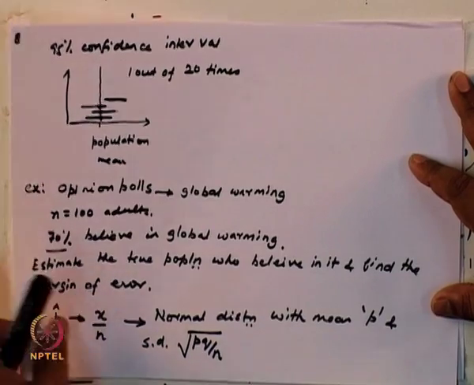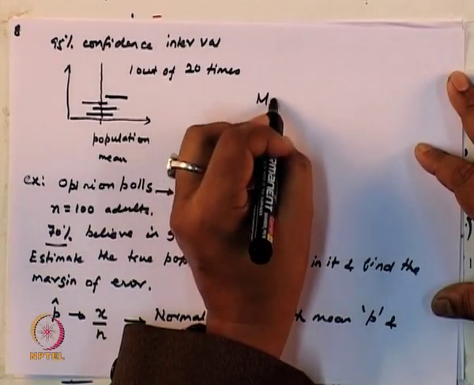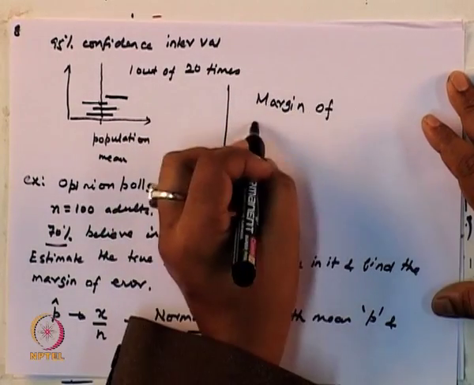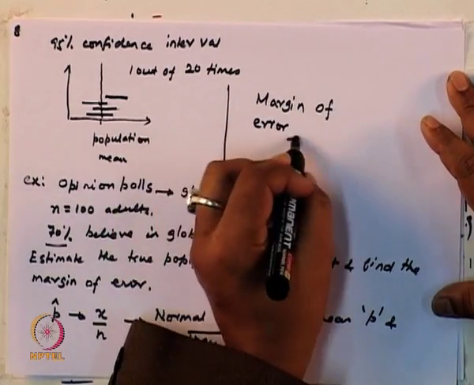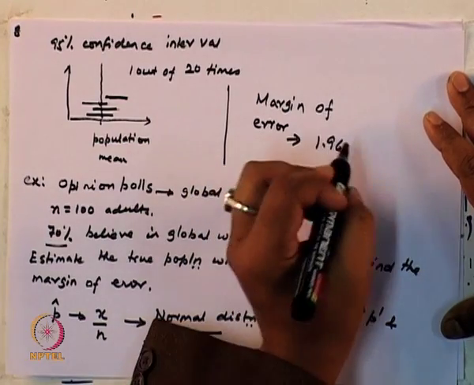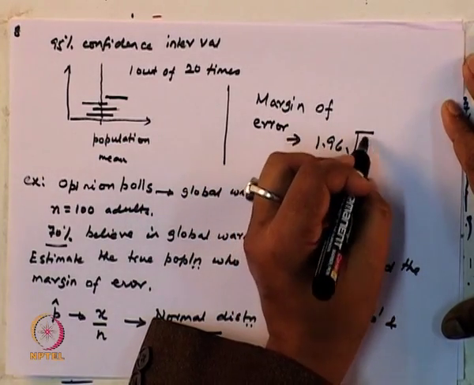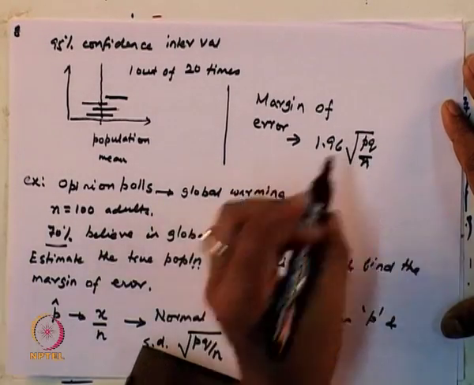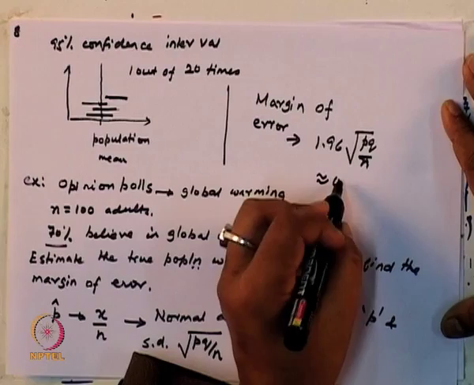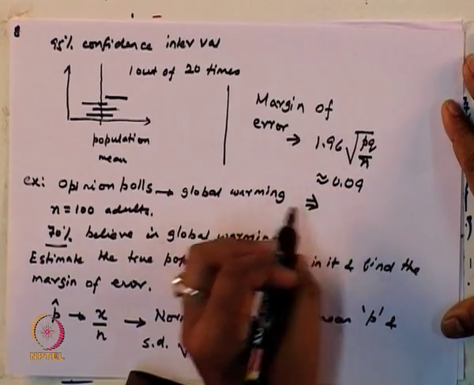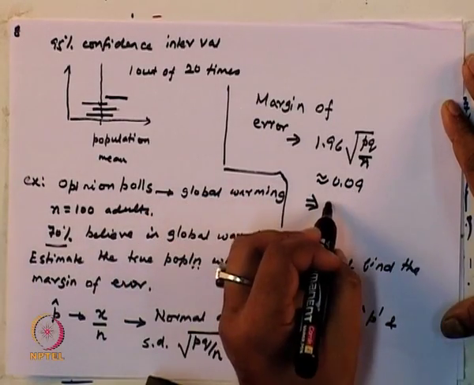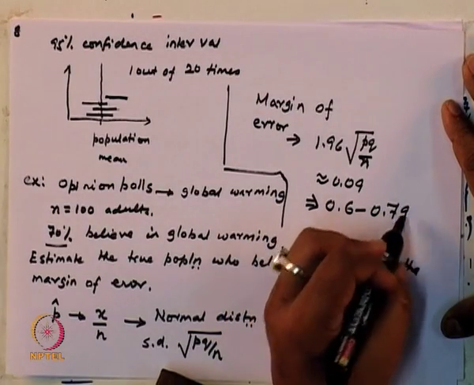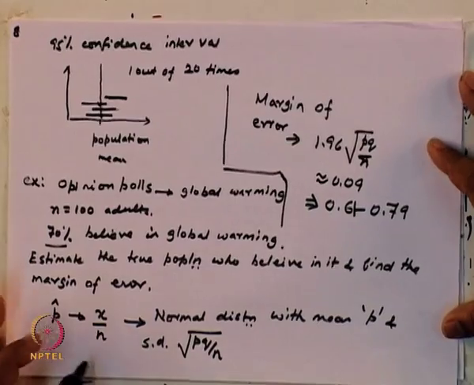So, in this case, the margin of error becomes 1.96 into root of p q by n. If you plug in the values, this should come out to be 0.09, implying the true population proportion would lie between roughly 0.61 to 0.79.